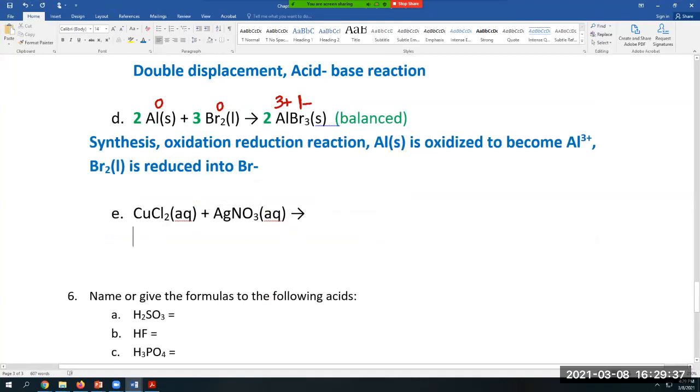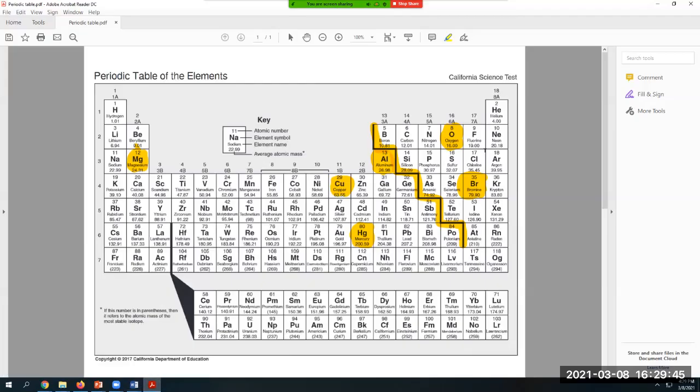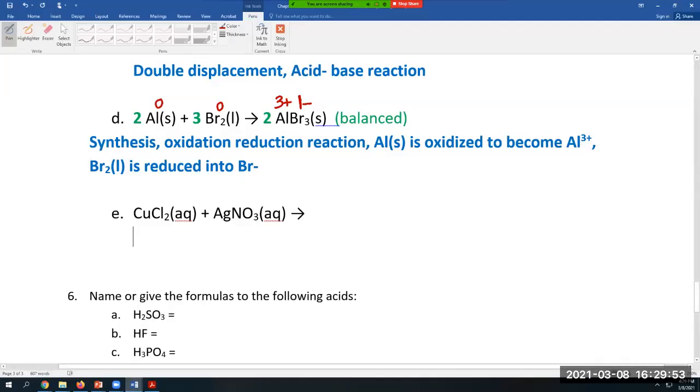So we have CuCl2. Cl is a predictable ion, right? It's in group 7A with bromine, and it's a -1 ion. So it's going to be Cl minus here. Oops, let's rewrite this properly.